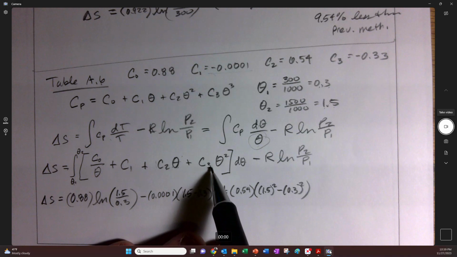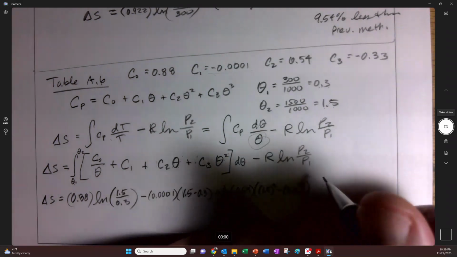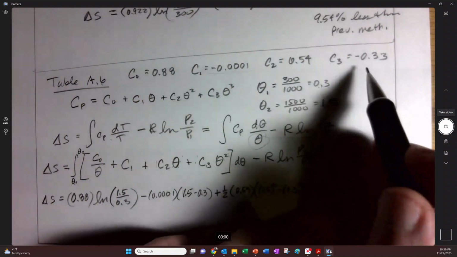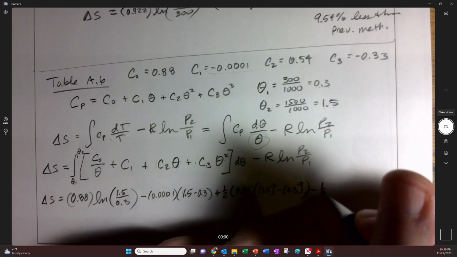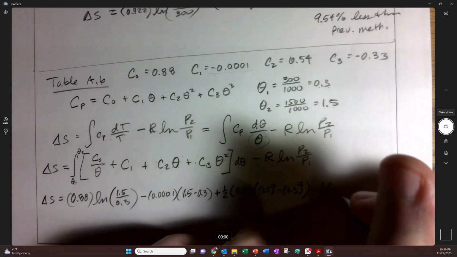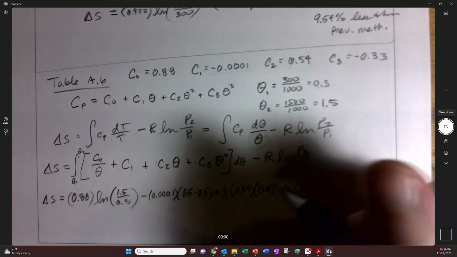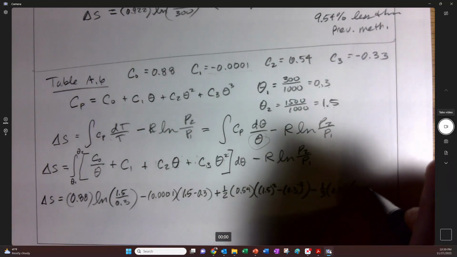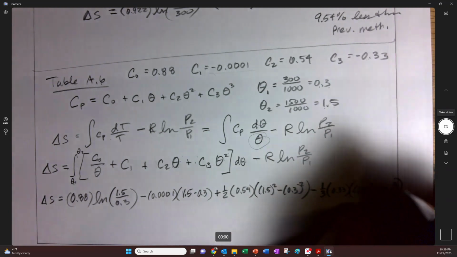And this last one is going to be cubed. We have 1/3 in front, and this thing is cubed. But this one is negative, so we put the negative in there. I'll put the 1/3 here, the 0.33 there, and then similar to this, 1.5 cubed minus 0.3 cubed, boom.